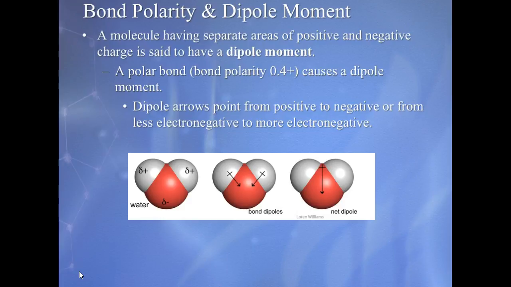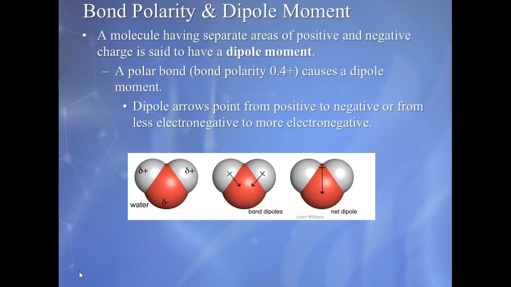Anyway, what happens, as you see in the diagram, is that you end up with a molecule that has an area with a slightly positive charge and an area that's slightly negative, due to the electrons spending most of their time with one atom versus another one.